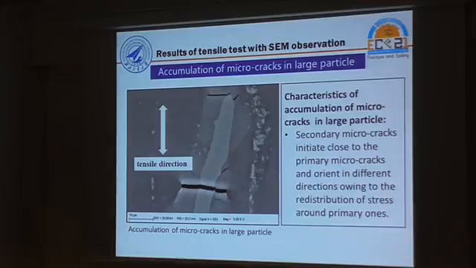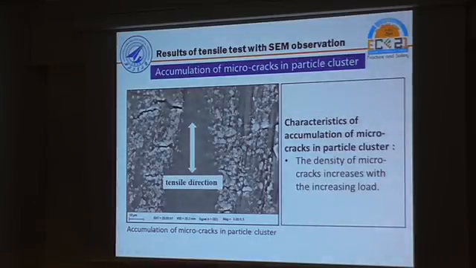Third, secondary microcracks initiate close to the primary microcracks and vary in different directions owing to the redistribution of stress around the primary ones. For the microcracks in particle clusters, the accumulation only shows the density of microcracks increasing with the increasing load.